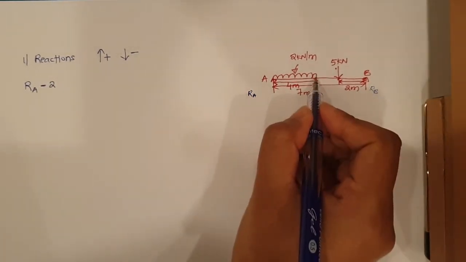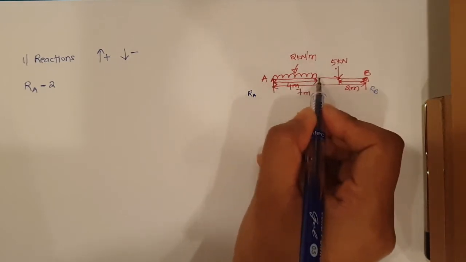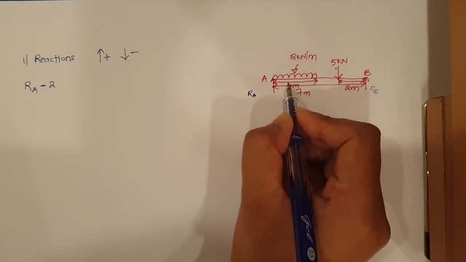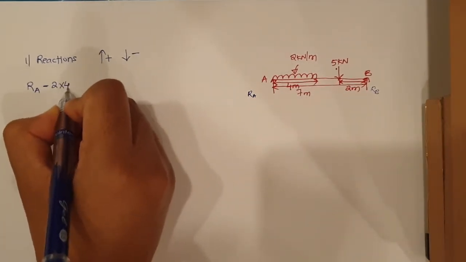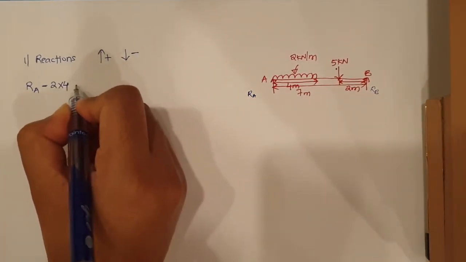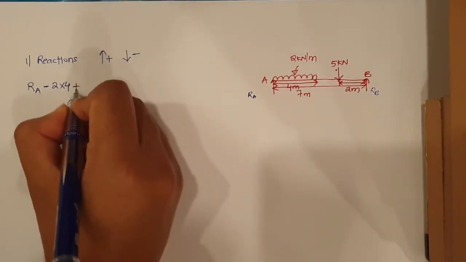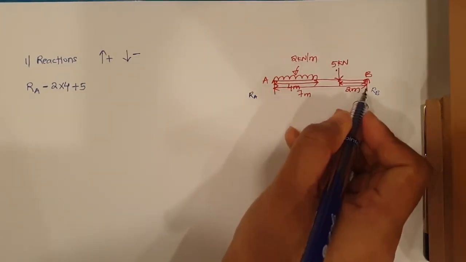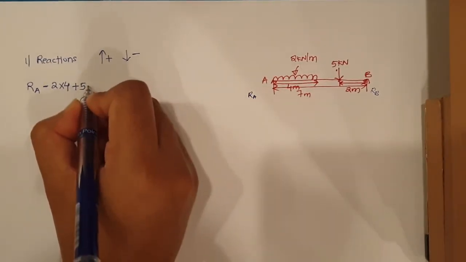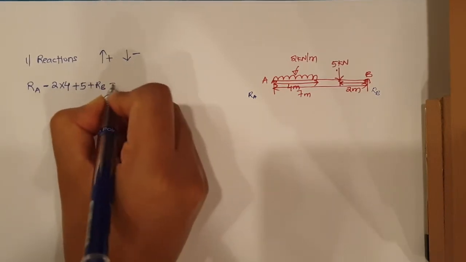Now the UDL is acting over only a certain span of this beam, only 4 meter length, so we have into 4. Then next we have 5 kilonewton load which is acting from top to bottom, so minus 5 kilonewton. Then we have RB which is coming from bottom to top, so it is plus RB equals 0.